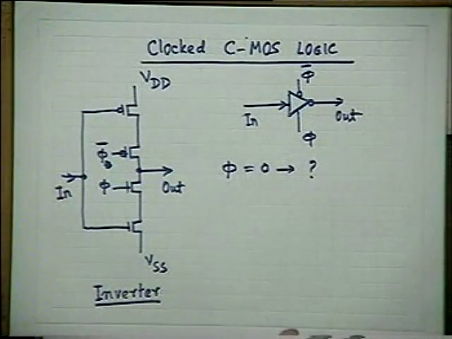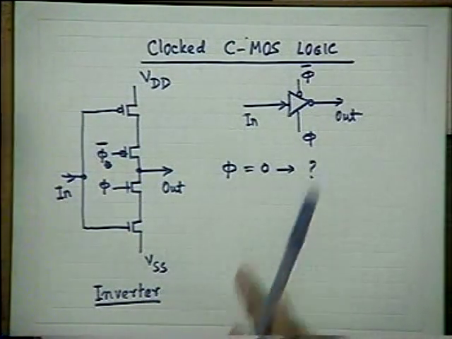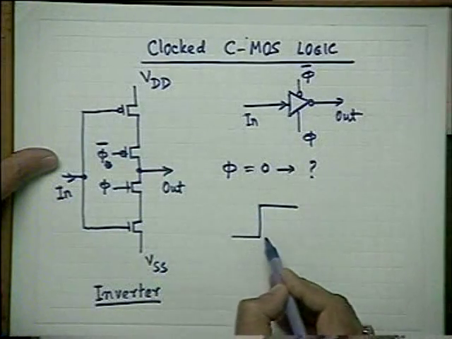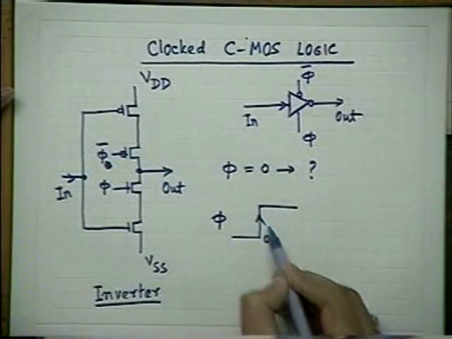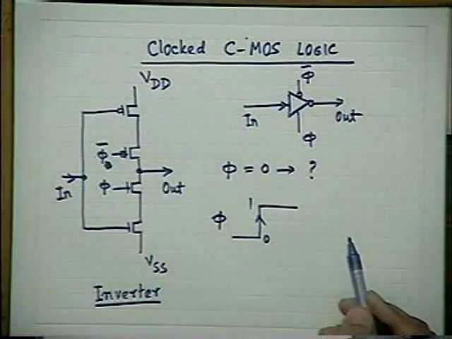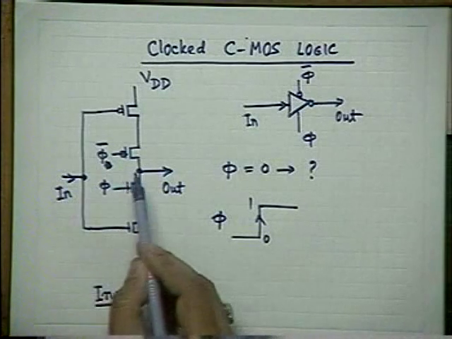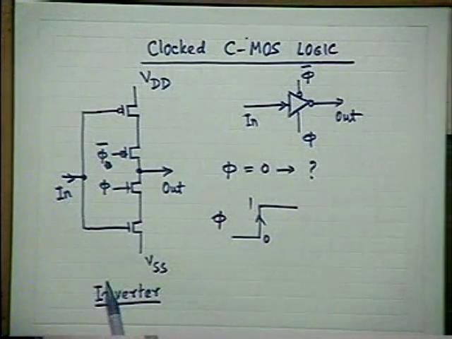Please remember this. When phi is equal to 0, that means when the clock pulse is not there at all, whatever output is there is a don't-care type of thing. Only when phi makes a transition from 0 to 1 will the input be passed to the output in the inverted form.